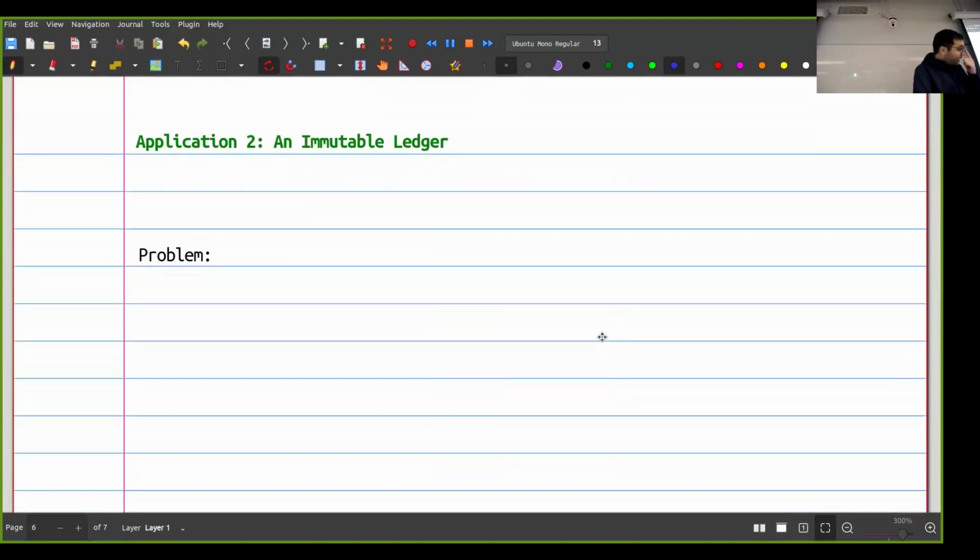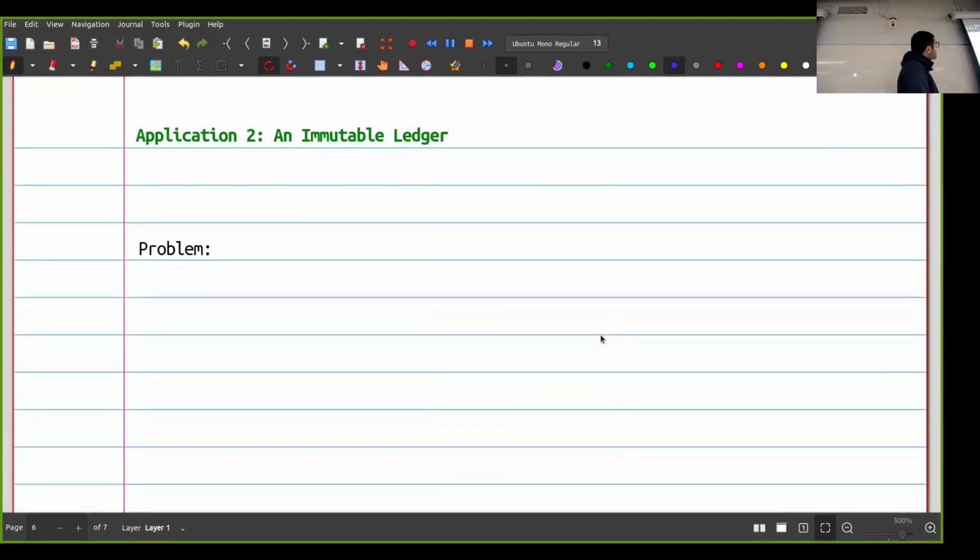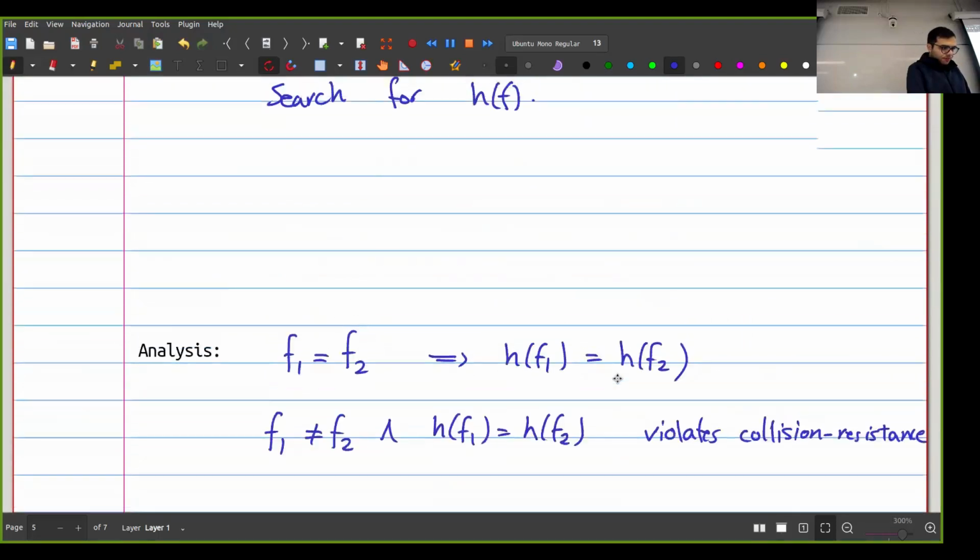Now, another application, which we don't have enough time to cover entirely, but we will cover in the next session, is to create a ledger or a history of transactions that cannot be changed. Maybe I can just give you some intuition, but I'm not going to go into this in this session.